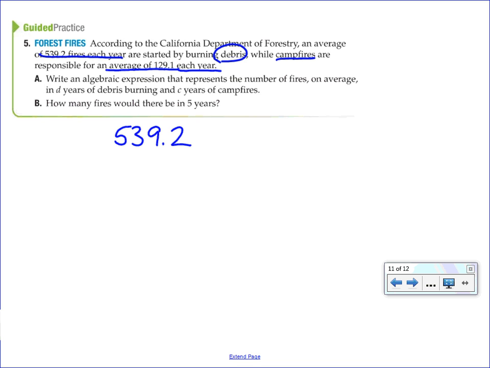Okay, so we have 539.2 average for debris, and we know that's going to be D number of years. Well, we're going to add to that, our campfires are an average 129.1. That'll be the C for their number of years. So there's our expression. Now we can figure out how many fires there would be in 5 years.